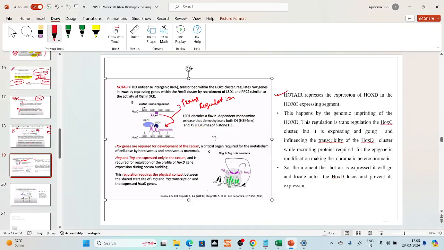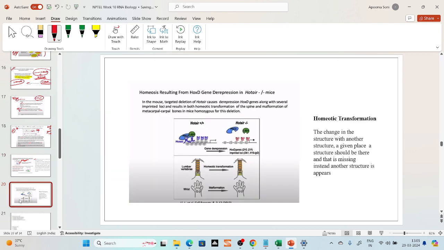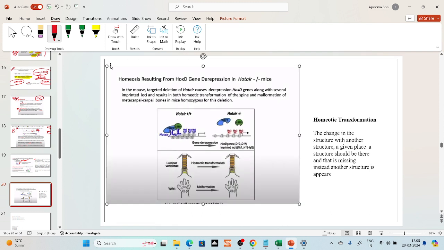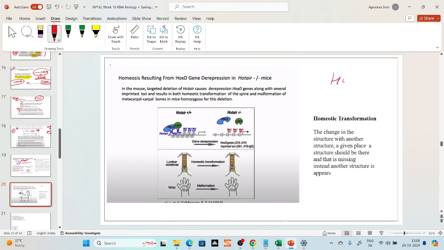Okay. Now we know that this HOTAIR is responsible for repressing the expression of HOX-D.